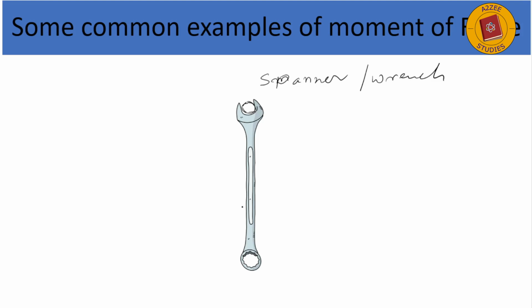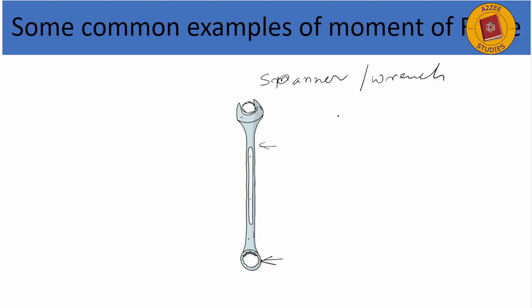So you will see that whenever we want to turn the nut or open the nut, we apply the force at the outer edge and not at this edge, because if the handle is long enough, we have an advantage, we have to apply lesser force.